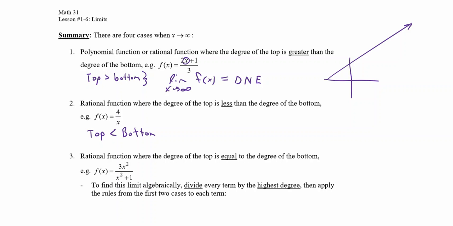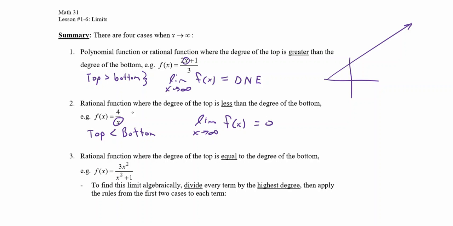What do you guys think? Yeah, it's going to be approaching 0, right? Because the number on the bottom is growing a lot faster than the number on top, right? So in this case, we would have the limit as x approaches infinity of f of x equal to 0.